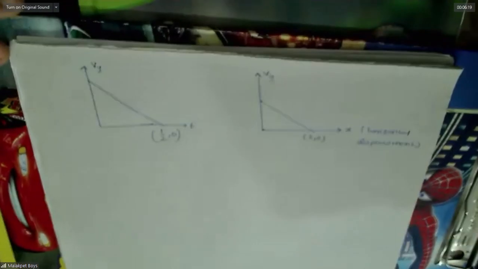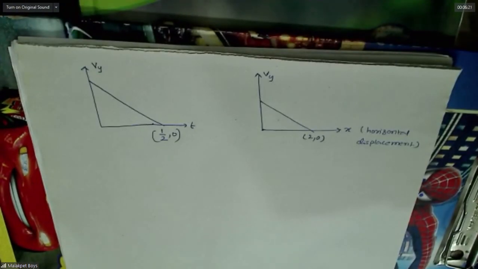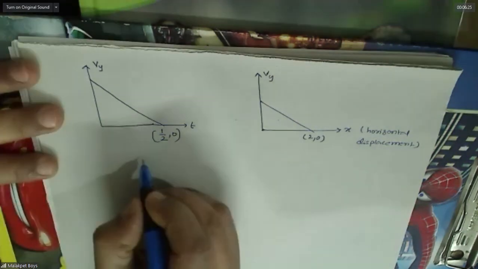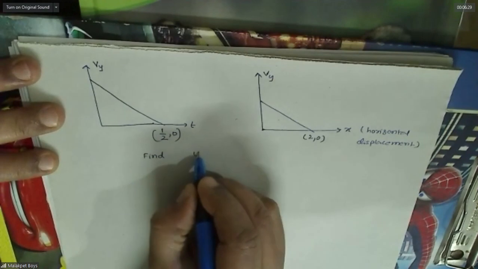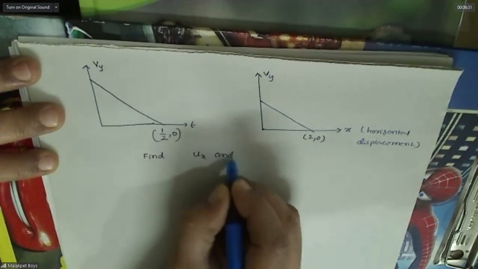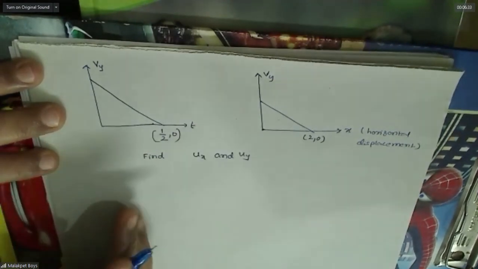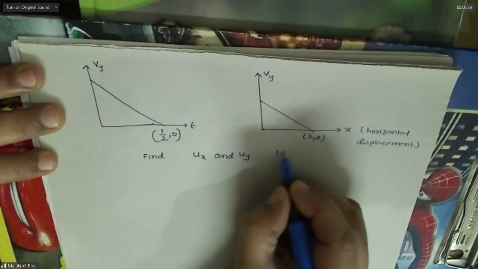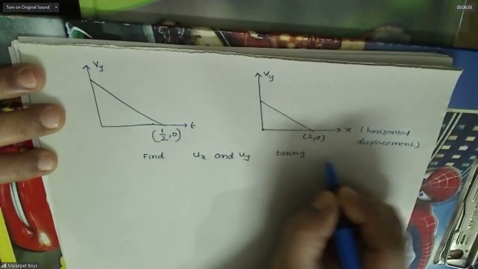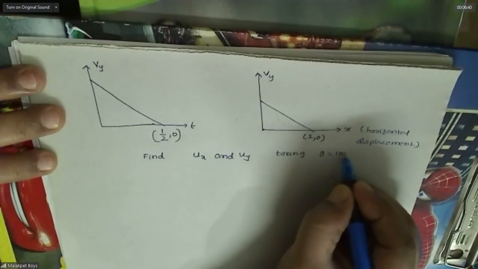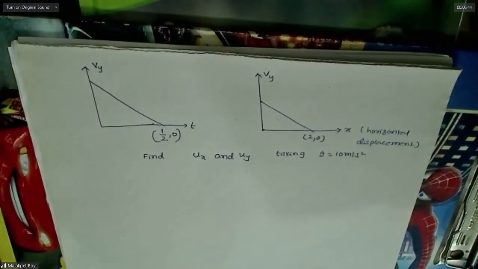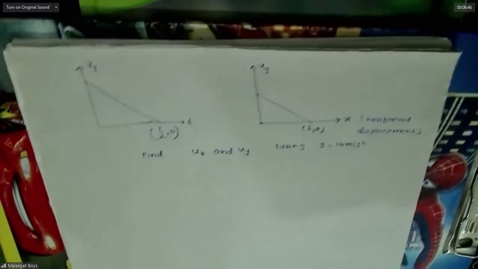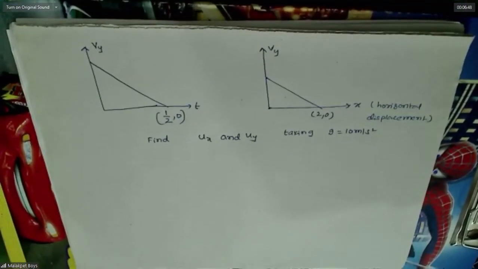Now you need to find ux and uy, taking g equals 10 meter per second square. Understood this? Understood, sir.